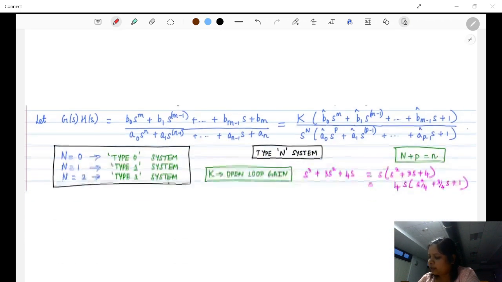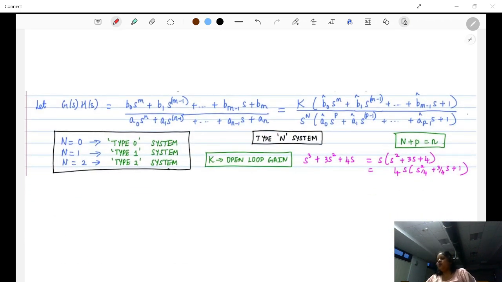Okay, so how do we define the type of the system? This is how we approach the problem. Let's say, for example, you try to make the numerator and denominator in such a way that you have the last term to be 1. Basically you want to eliminate any s term in the last and then see what is the power of s you're getting.